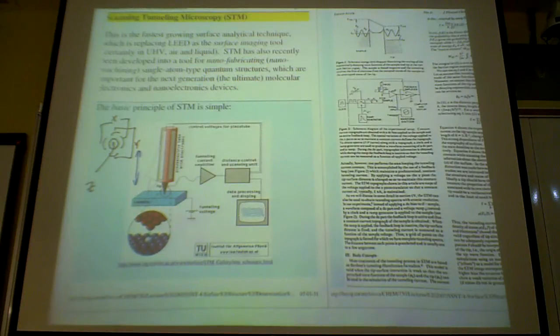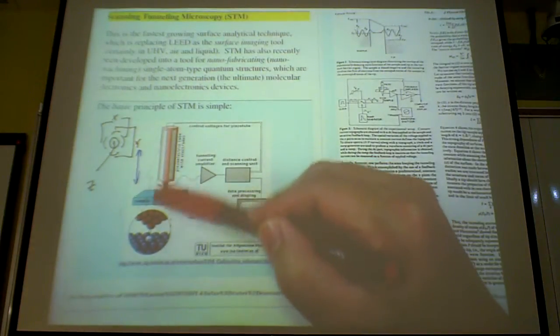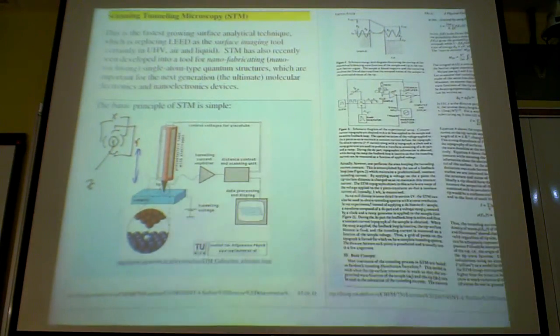And of course, something that's not in this picture is that you've got to have an extremely vibration-free platform for this microscope to work on. My voice, just like that, will affect the vibration. The acoustic voice will affect the noise picked up by this tip.